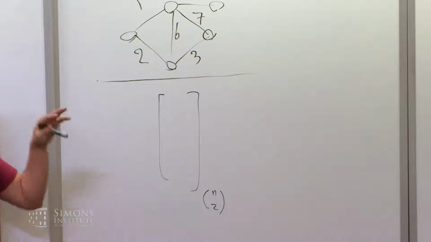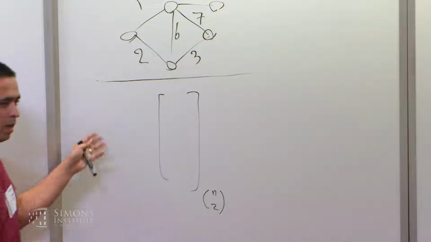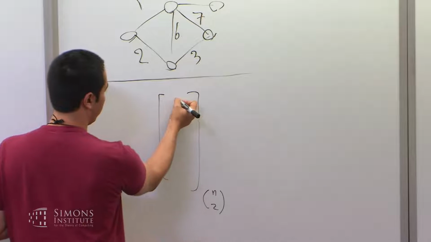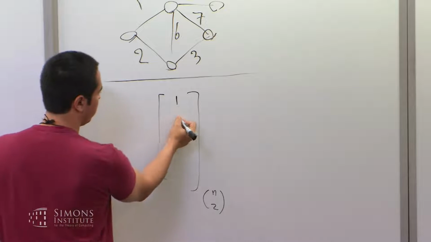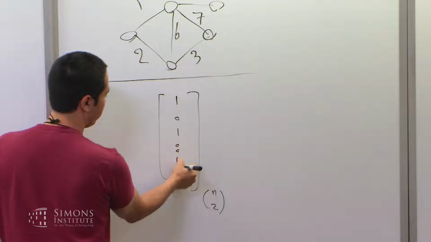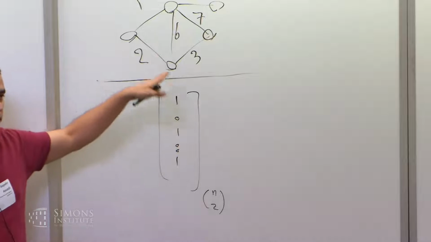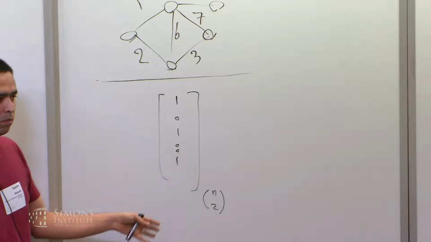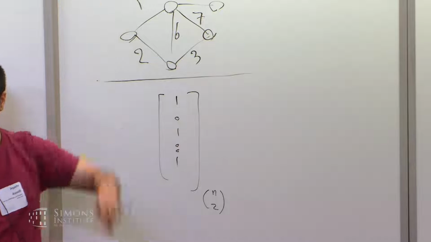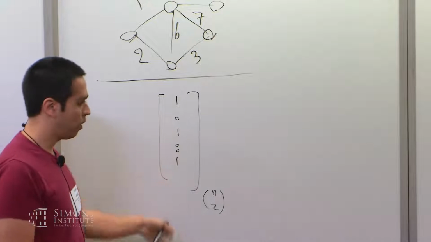You look at these n choose 2 pairs of vertices, and this vector, let's say for now it is unweighted, so you write 1, 0, 1, 0, 0, 1. This means that the first 2 vertices, for instance, have an edge between them. This is, instead of an adjacency matrix, I just write it as a vector. So this is my graph.